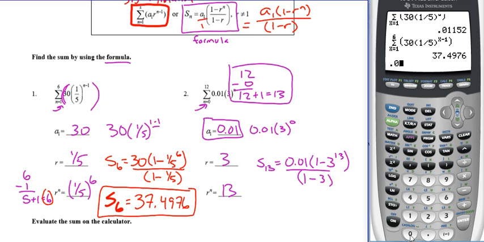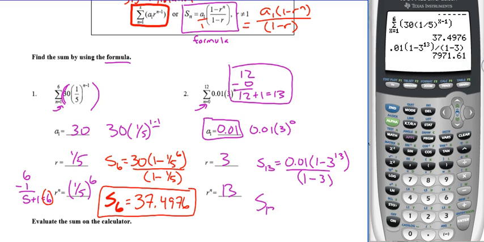I'm going to put 0.01 parentheses 1 minus 3 raised to the 13th. And then we'll divide that by parentheses 1 minus 3. Enter. And there's our answer. The sum of the 13 terms I'm looking for is 7,971.61.